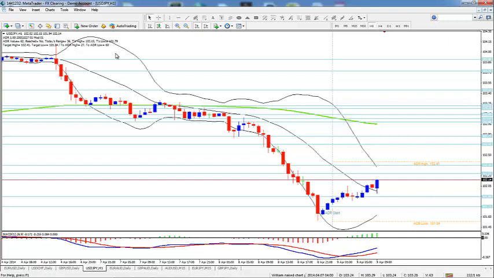So now its average daily range is 62, and it's moved already 36 pips today. So I don't trade this pair. I use this pair as a tool. So I really don't set up a trade plan as far as to enter or exit this trade. But it's confirming that the yen is strong, and that's what the whole focus on today's trade plans is, that the yen is strong.